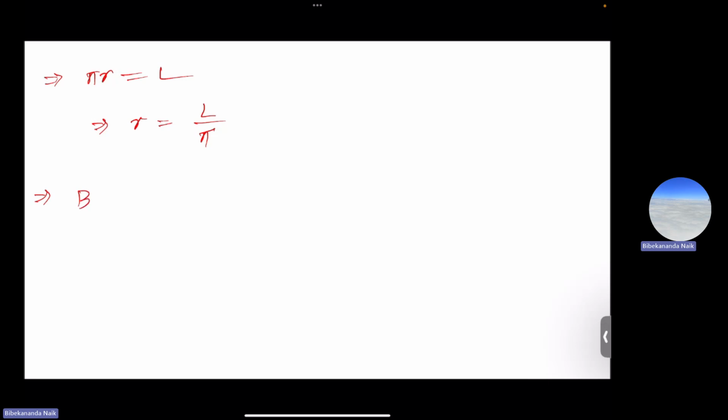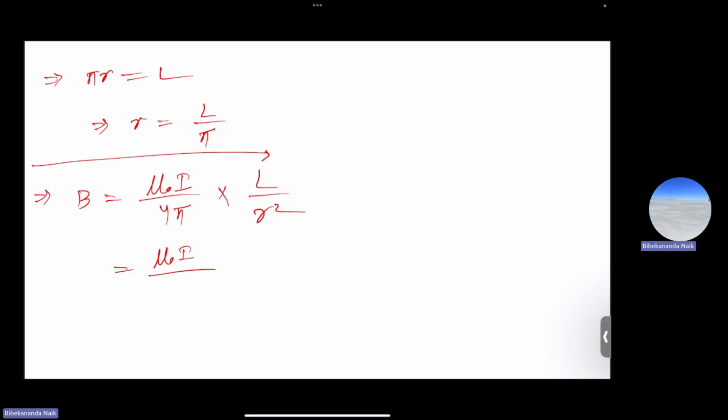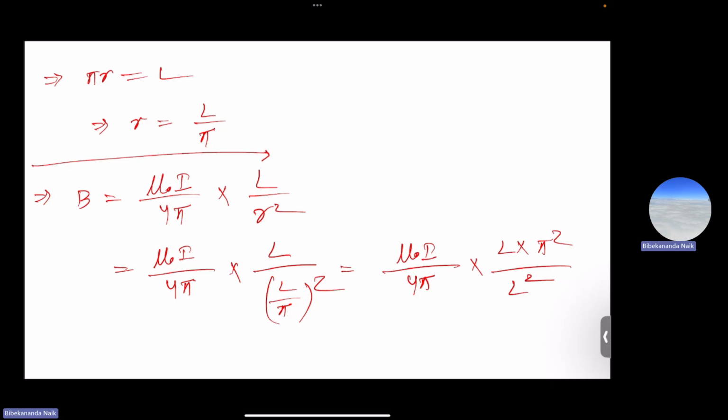So, what will be the value of magnetic field B? It will be mu 0 I divided by 4 pi into L divided by r square, meaning L by pi square. So it will be mu 0 I divided by 4 pi into L into pi square divided by L square.